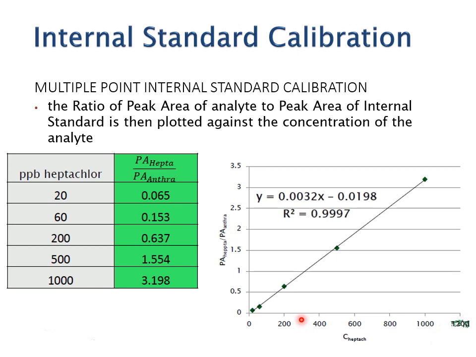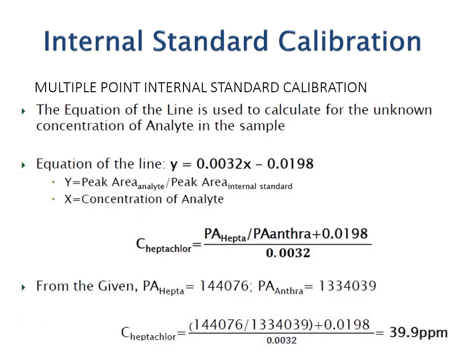So, again, may ma-generate ka ulit na R squared and equation of the line. Again, halos same lang siya ng computational process ng external standard calibration. Pero ang difference sa internal is meron kang RF.